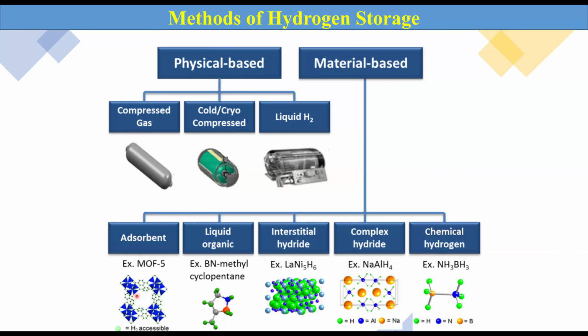So its working principle involves chemical bonding, where the hydrogen is chemically bonded to this LOHC, that is the liquid organic hydrogen carrier molecule, when storing, and the release process involves the breaking of the chemical bond under specific conditions, aided by a catalyst over here.